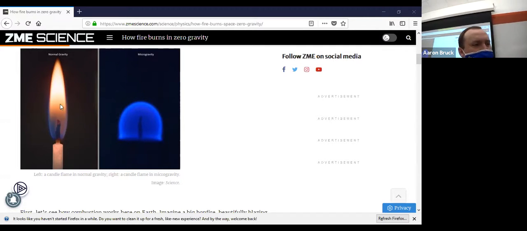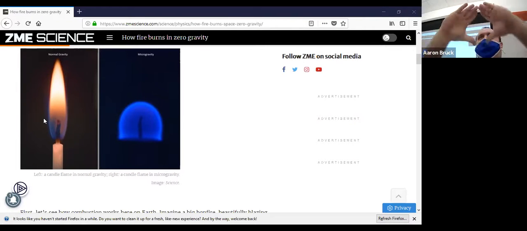As I mentioned before, with normal gravity, we get that conical shape primarily as a direct result of the heat rising and gravity acting on that heat, creating somewhat of a convection current. That's what gives us that conical kind of shape for most flames.